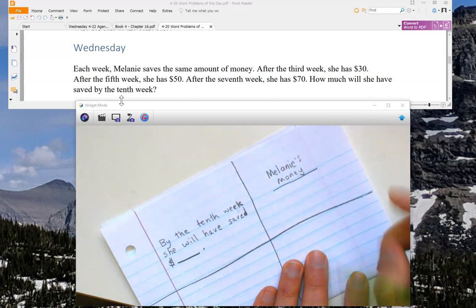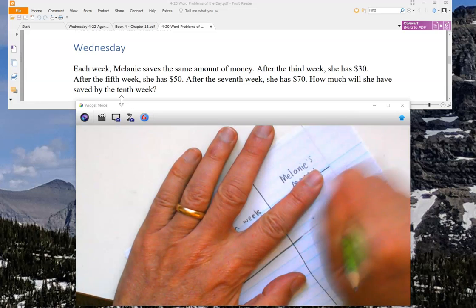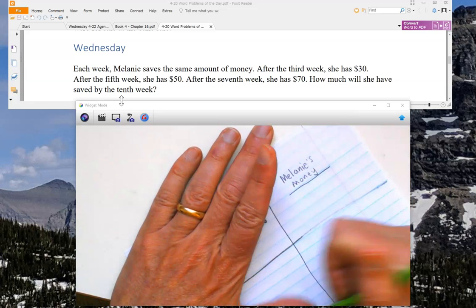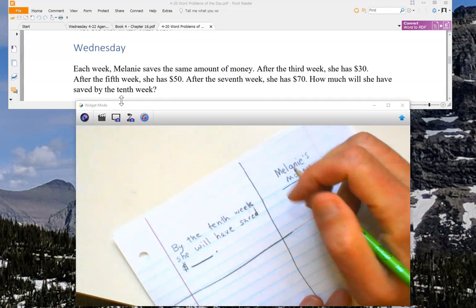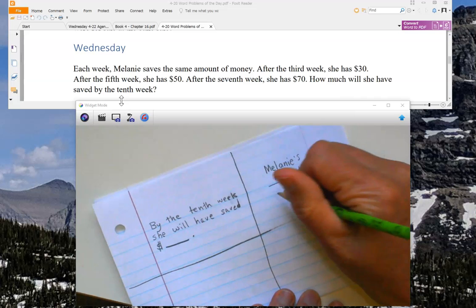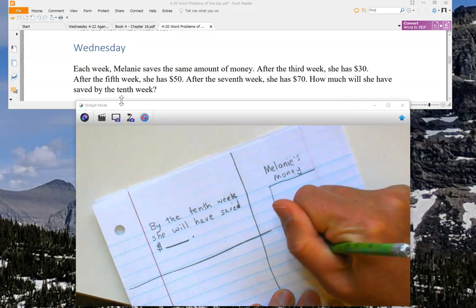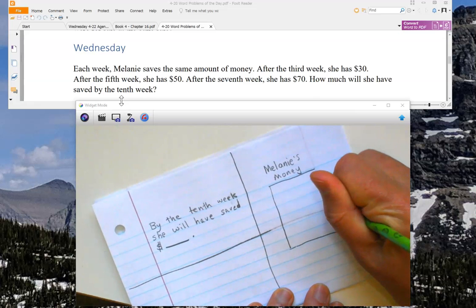I may need a little bit more space in my expression area for my table. If I need to add some more rows, I will, but this should be big enough. We'll see.